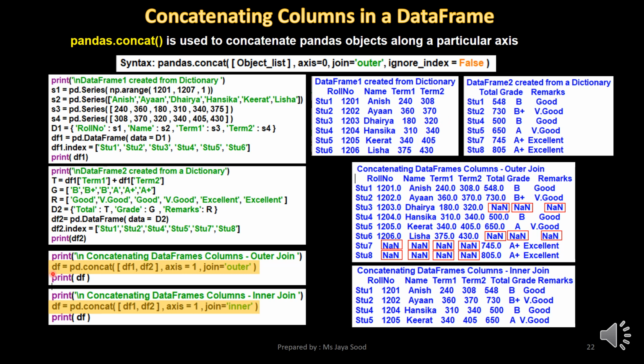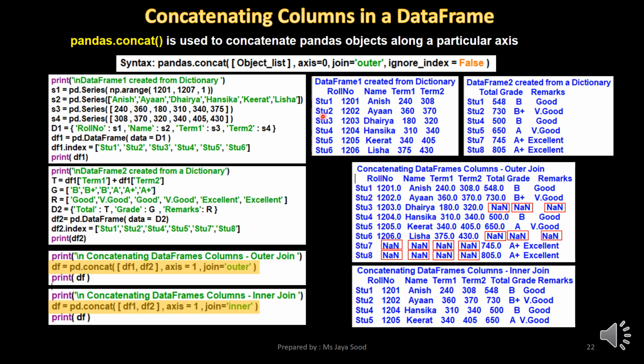df is a data frame object which is now created by writing the statement pd.concat, a list of data frames df1, df2, axis is set to 1, join is equal to outer. The data frame objects df1 and df2 will now concatenate along the columns. All the indexes from data frame object 1 and data frame 2 will be present in the resultant data frame.